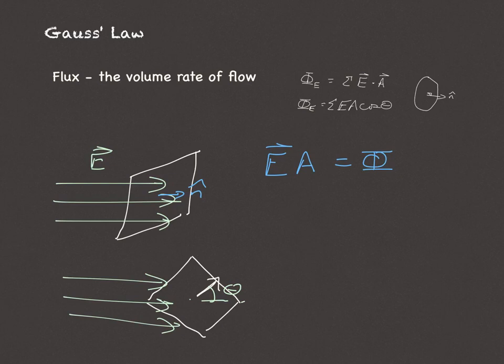So if that was 60 degrees, we would have the electric field strength times the area times the cosine of 60, which would be a half. So there we would get half the amount of flux that we would have gotten from the perpendicular example right here.